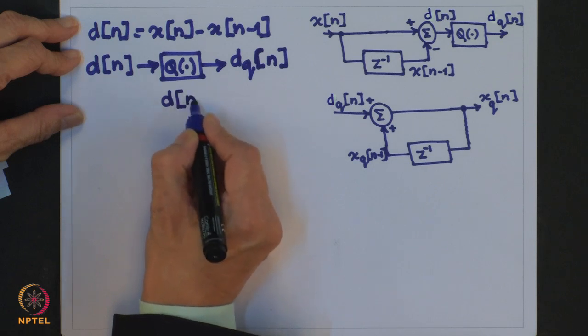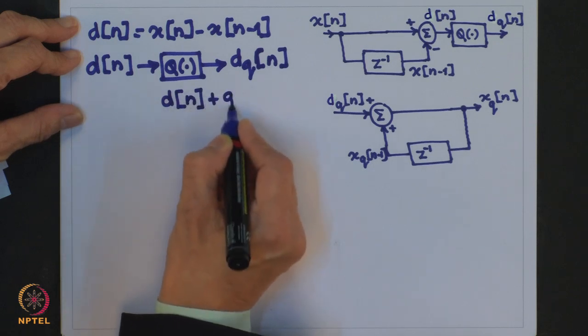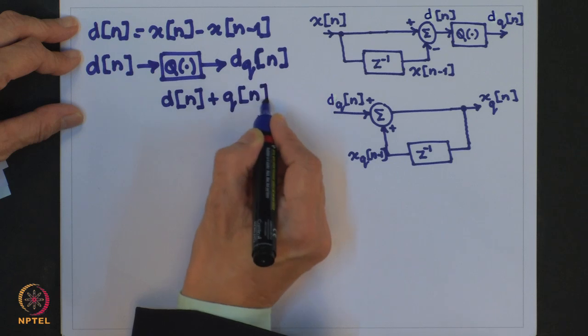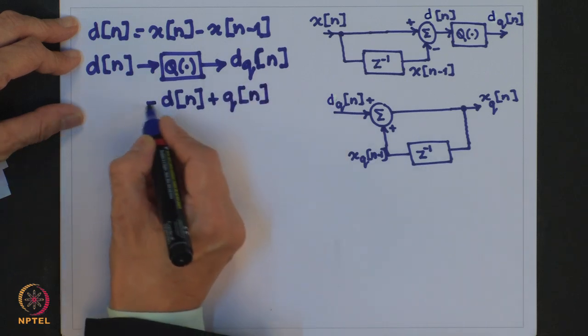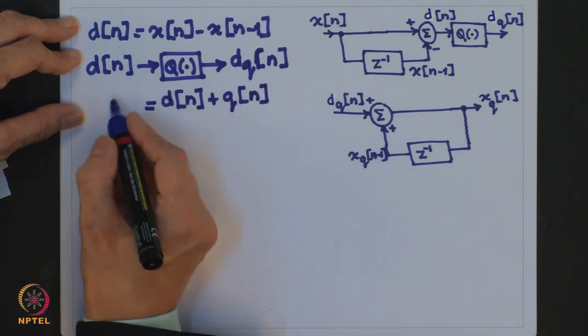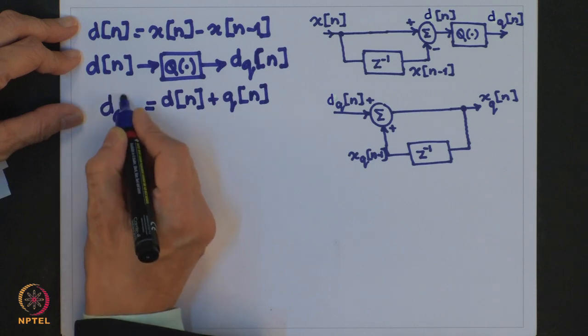So, dn plus qn, which is a quantization noise, should be equal to dqn.